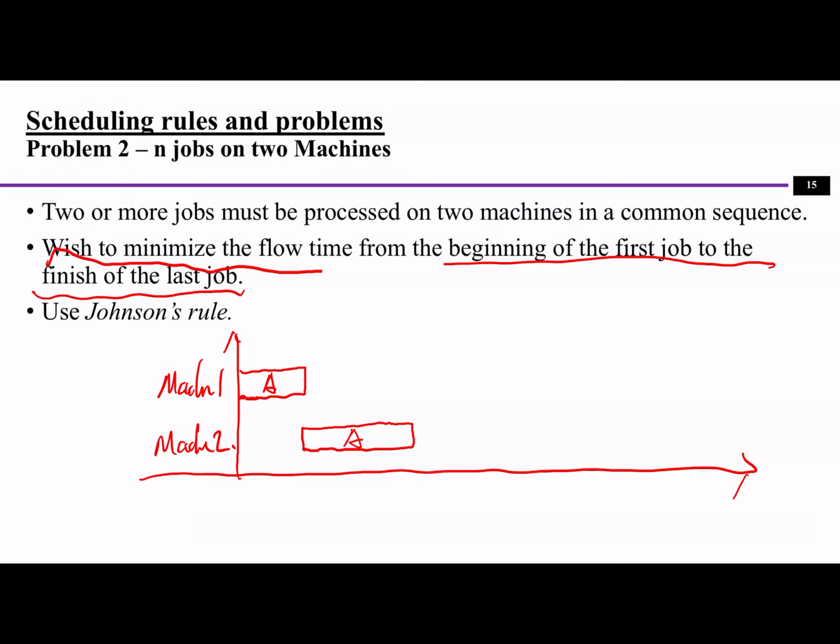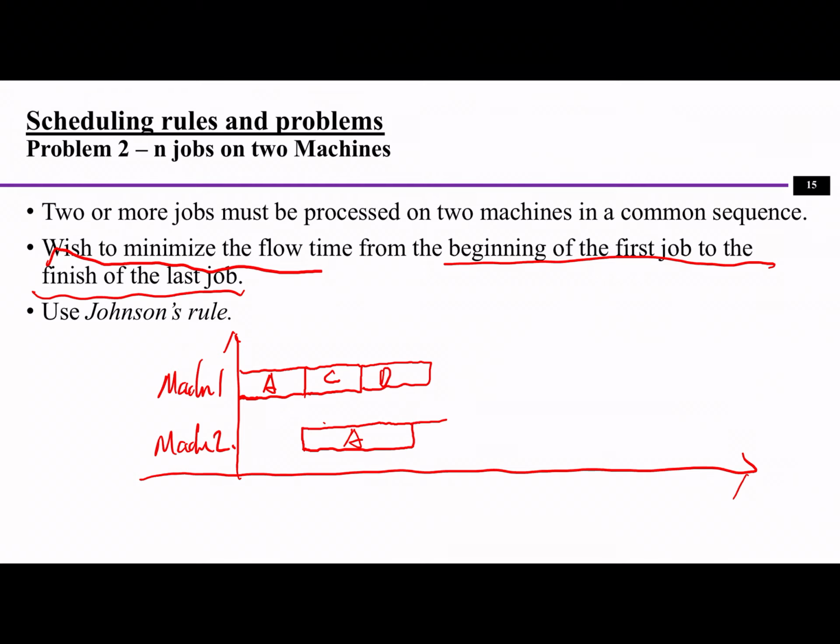This is A. So after A, what happens is on machine 1, right after job A has completed this process, we can start another job. For example, let's start with job C, okay? Job C. Then after job C, we can do job D. But here, job C can only start its second operation until what?